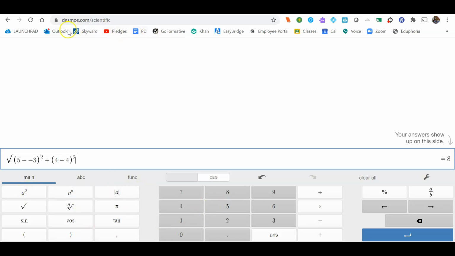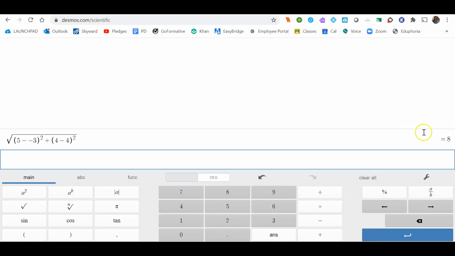So again, on desmos.com/scientific, you'll get your calculator, you hit enter, and I got 8.